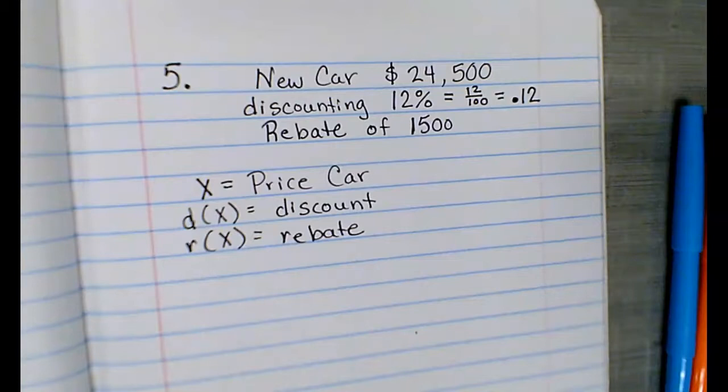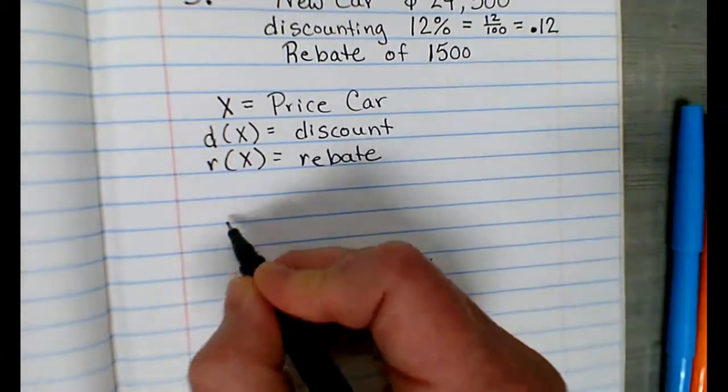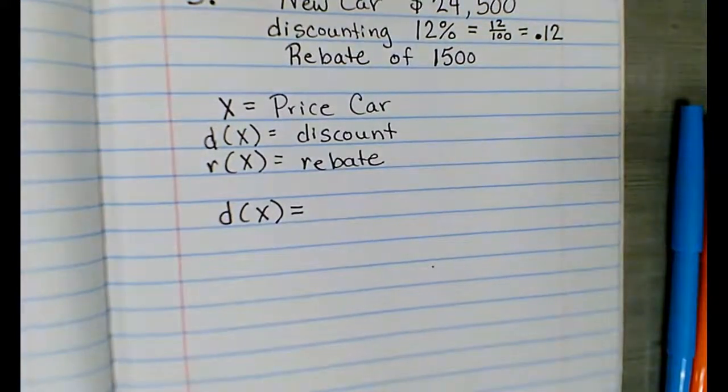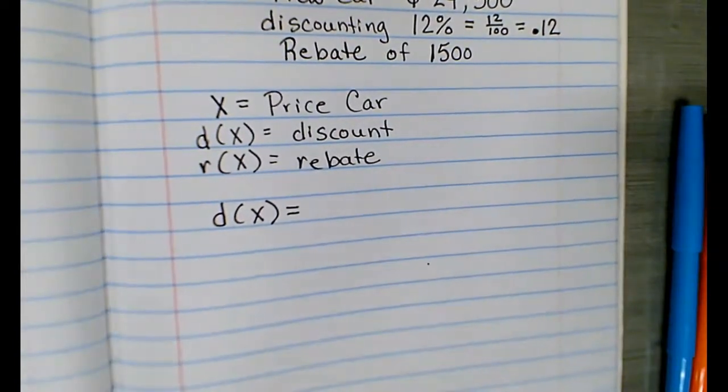Some people have a little bit of difficulty figuring out how the discount works. The discount is 12%. How do you figure out how much I'm going to pay? Do I multiply the 0.12 times the price of the car? Not exactly. If you multiply the 0.12 times the price of the car, that's how much you get taken off.